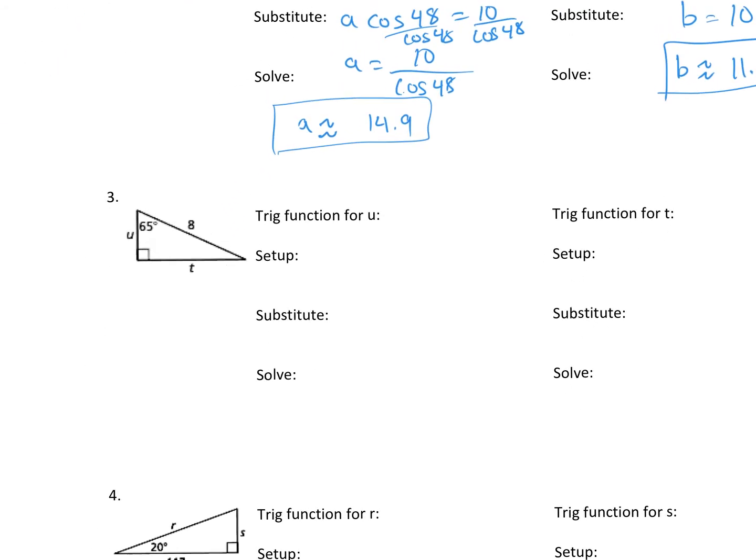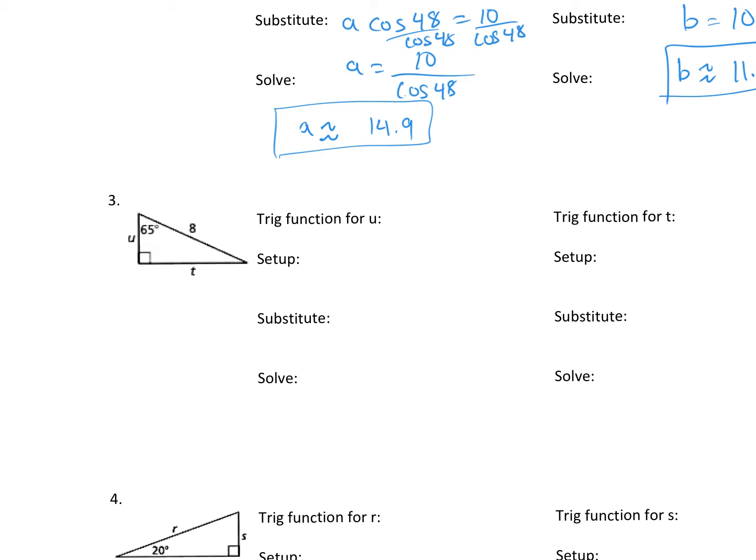Right, number 3, let's try this again. Our opposite is there, so this is O, then this has to be adjacent, the other leg, and then this is H as my hypotenuse. I want to solve for u. I am given my hypotenuse. I want to solve for u, which is my A. So I need CAH for cosine.